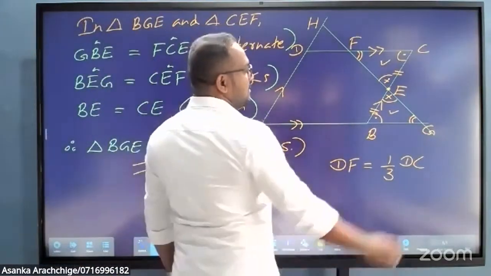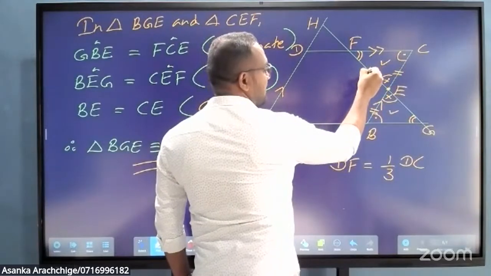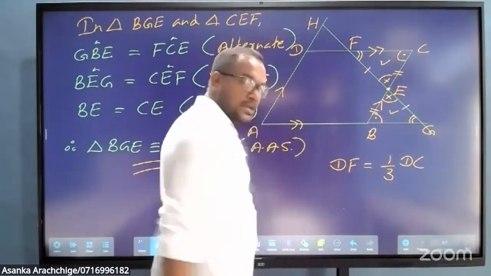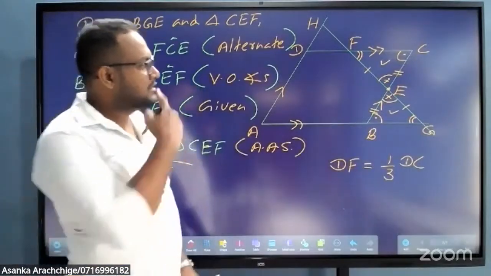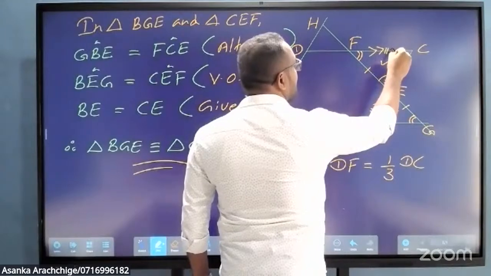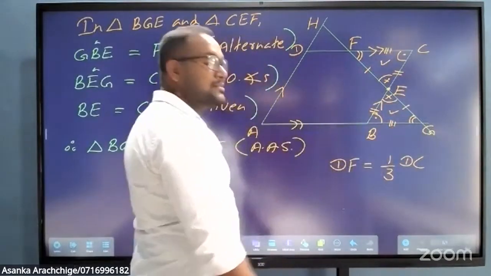Similarly, the side opposite the dot, this side must be equal to the side opposite the dot, corresponding elements of congruent triangles. And this side must also be equal to this side under the same reason.